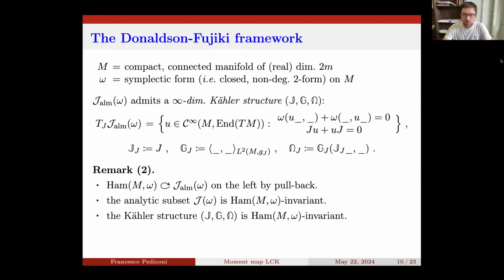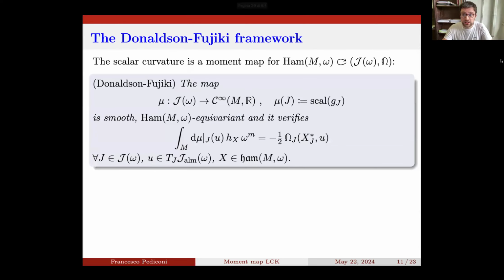Okay, so once you have all this machinery, you can ask whether you can cook up a moment map for the action of the Hamiltonian group on this infinite dimensional manifold, and it turns out that this is possible, and this is a result due to Donaldson and Fujiki.